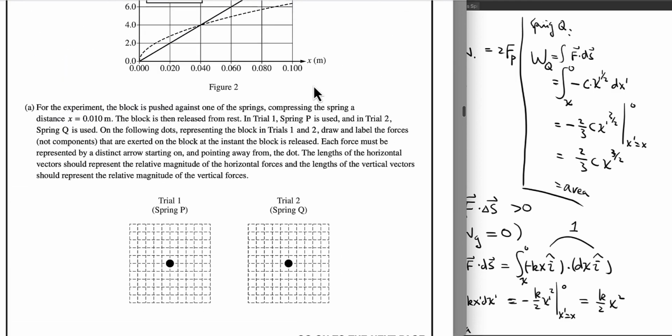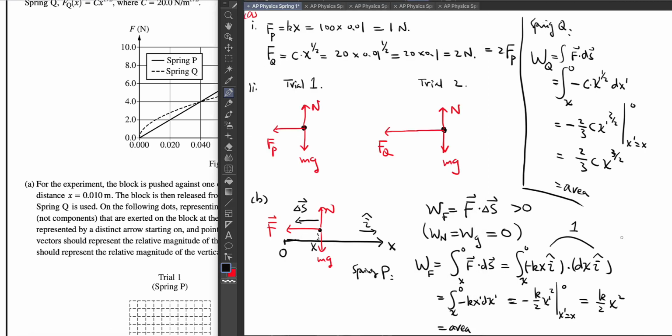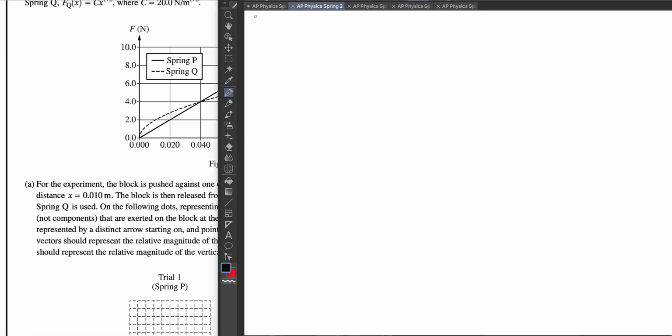So let's look back at the picture again. That's a really special point, x equals 0.04. If I think about the area under the two curves from x equals 0 up to this point, I can clearly see that the area under the curve for spring Q is larger than for spring P. So let's write this down.